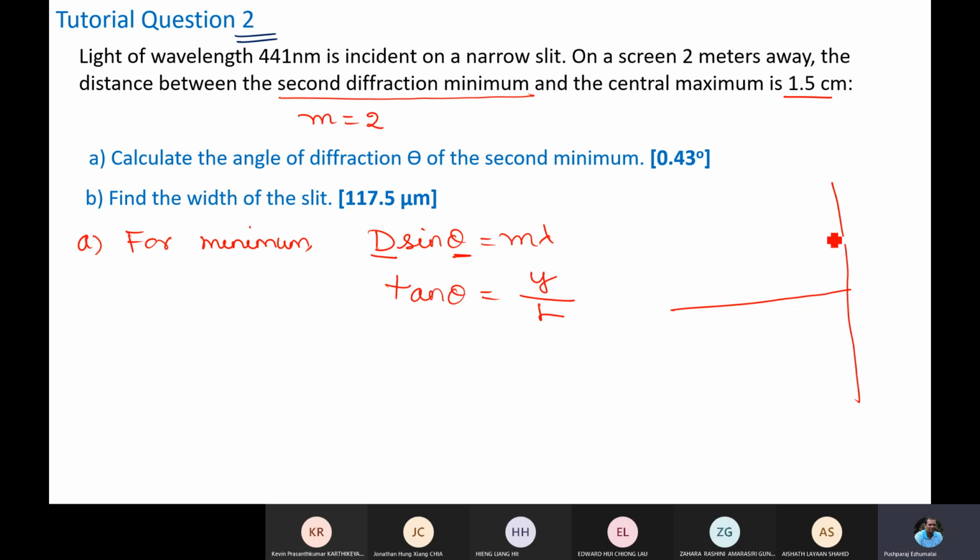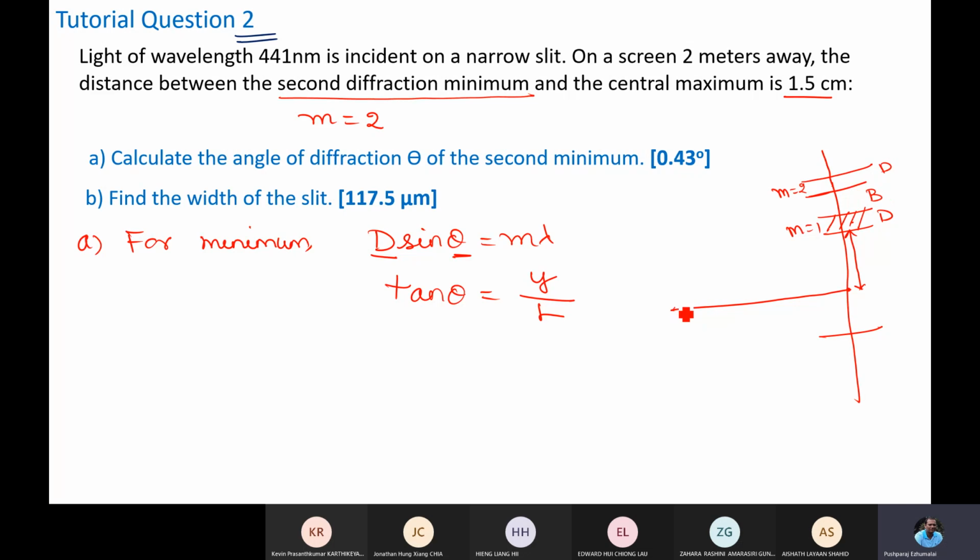Dark means minima. Here is the first bright, then the first dark, which is m equal to 1, then bright, and then the second dark, m equal to 2.